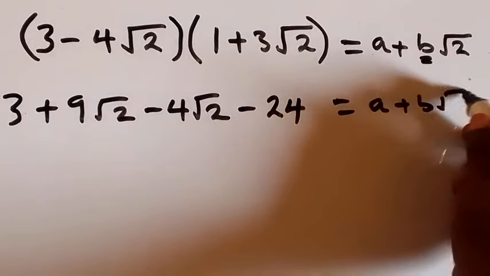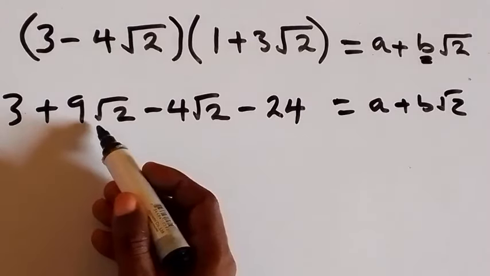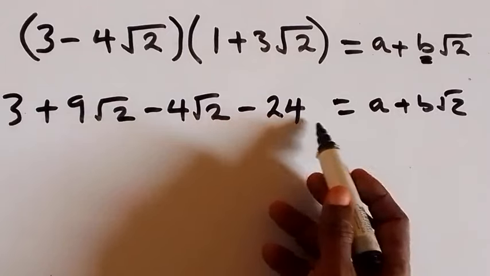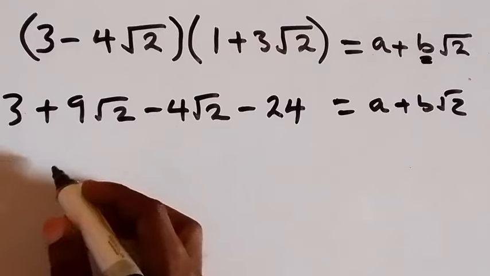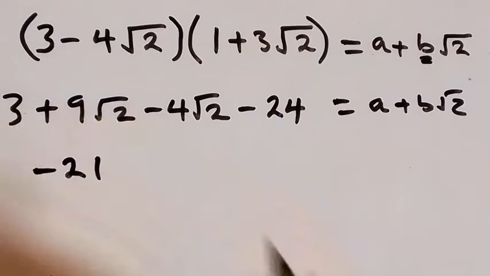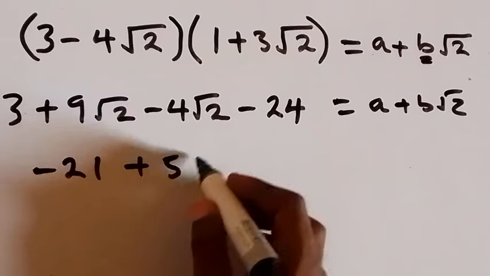Now let's make this look like this. From here, 3 minus 24 gives us minus 21. Then we have 9 root 2 minus 4 root 2, that's simply plus 5 root 2.